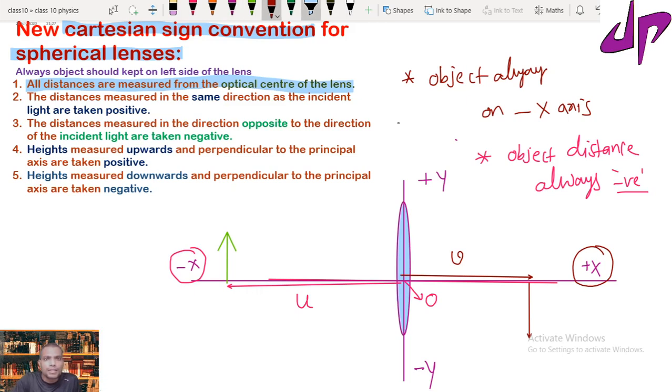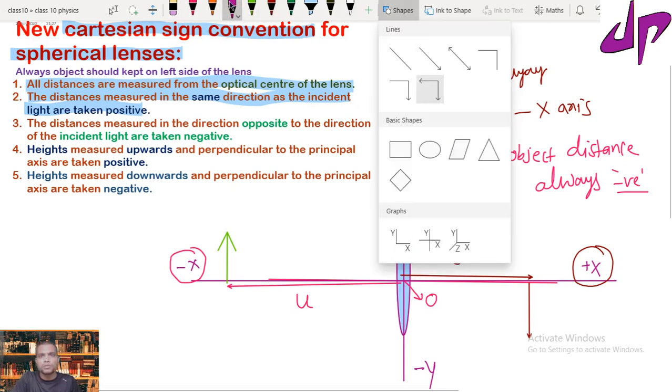Now take that as a rule: distances measured in the same direction as the incident light are taken as positive. The light ray is incident along this direction, so this is the light ray incident on the lens along the positive x-axis.